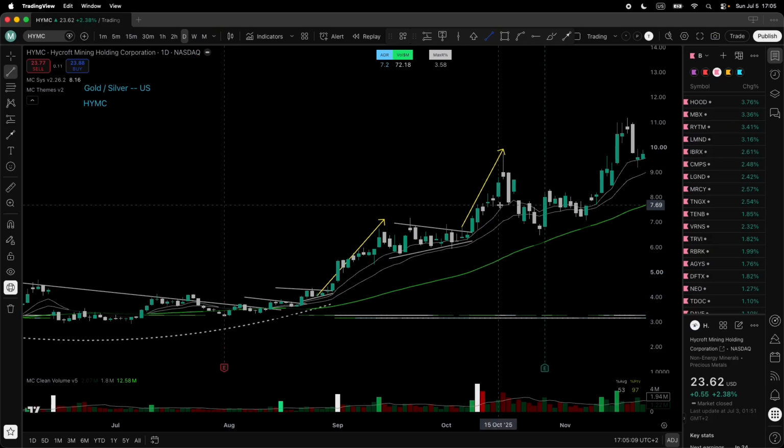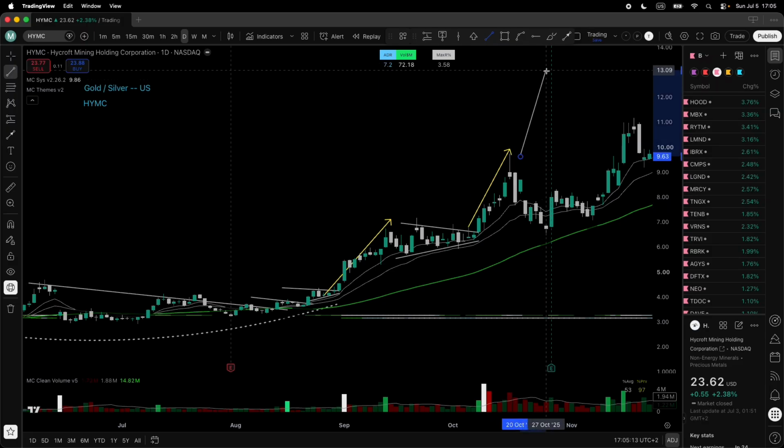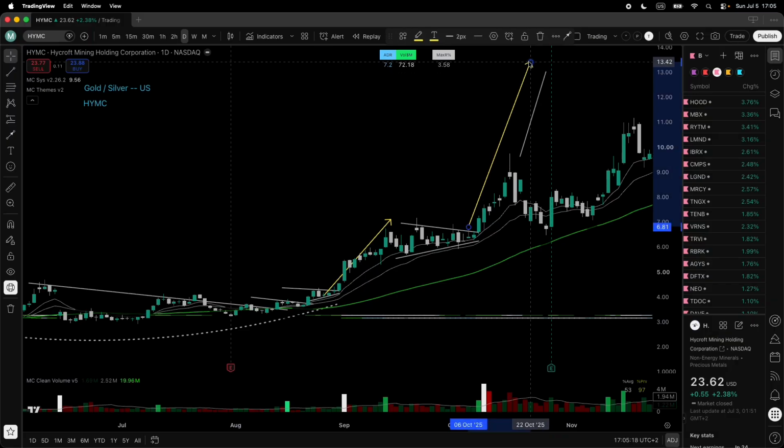And you never know how far they're going to travel. This rally could have gone all the way to here. You never know. You're going to catch some outliers every year, which could be like 50 to 100 or 200, whatever percent moves.